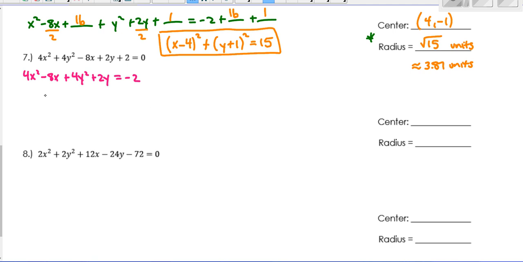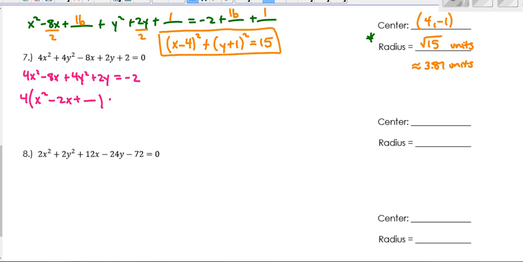Okay, with both the x's and the y's, I have a coefficient of 4. The only way to complete the square is you must have a coefficient of 1. So I'm going to factor a 4 out of my x squared, making it x squared minus 2x. Since my coefficient of x squared is 1, I'm going to say plus blank.